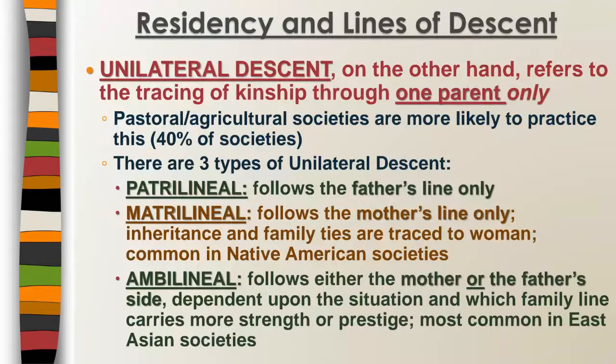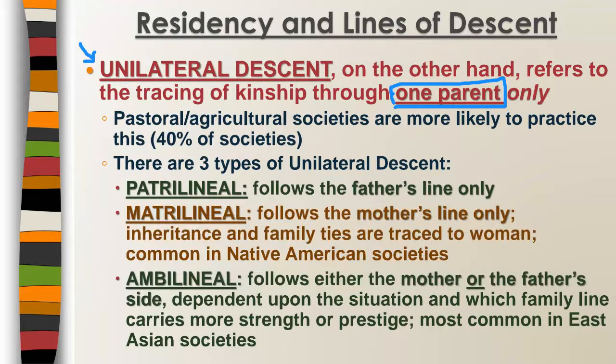However, there are other cultures and subcultures that practice unilateral descent, which is when you only trace your kinship through one parent. In a lot of less industrialized countries, more rural, agricultural societies still practice unilateral descent.